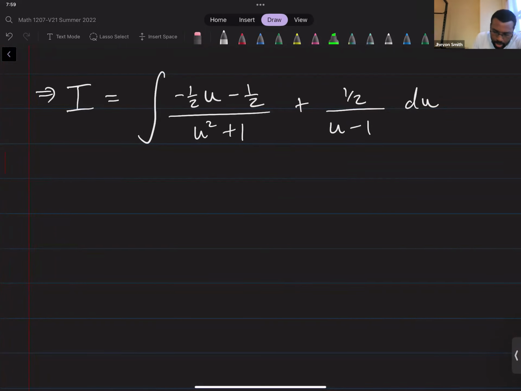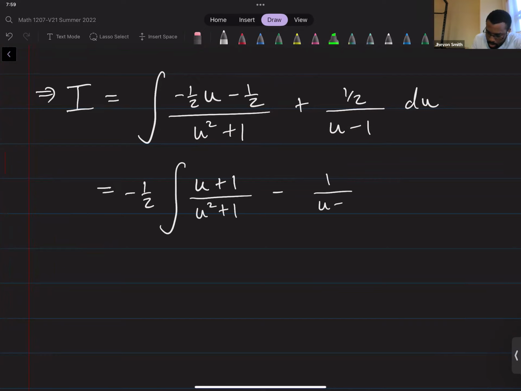The halves are kind of annoying. Let's factor those out, maybe factor out a minus 1/2. And I would have u plus 1 over u squared plus 1 minus 1 over u minus 1. So that looks a lot nicer.